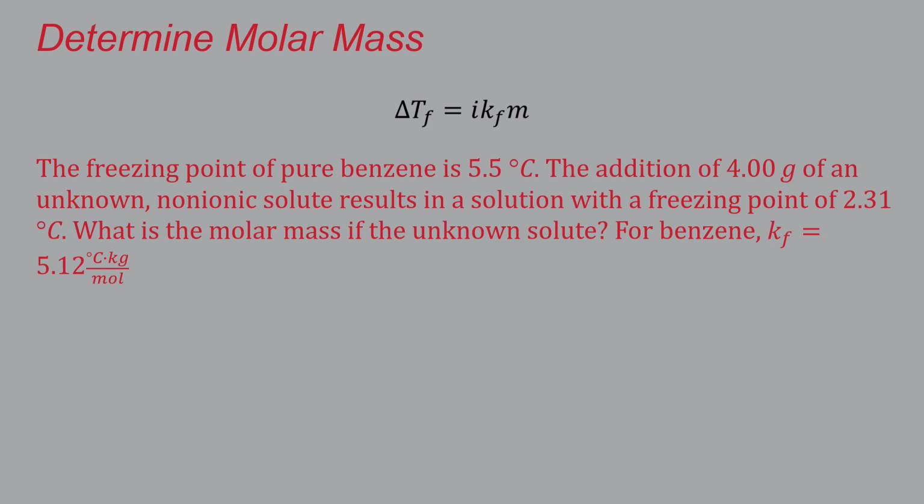You added 4 grams of an unknown but non-ionic solute, so i is equal to 1. And the freezing point goes down to 2.31 degrees Celsius. And for benzene, Kf is 5.12 degrees Celsius per kilogram per mole. So hit pause, work this one out.